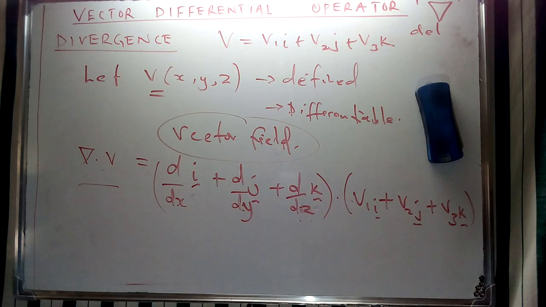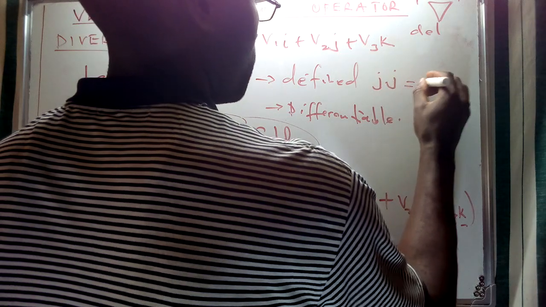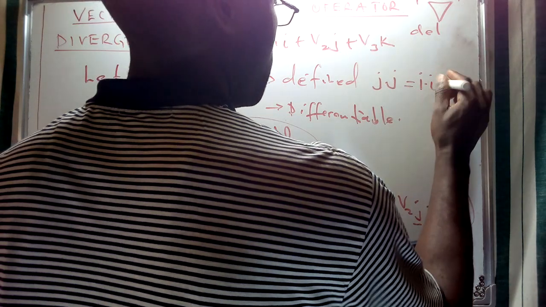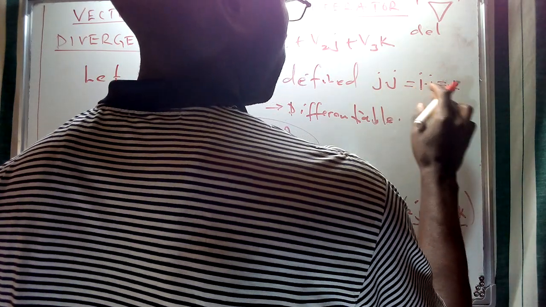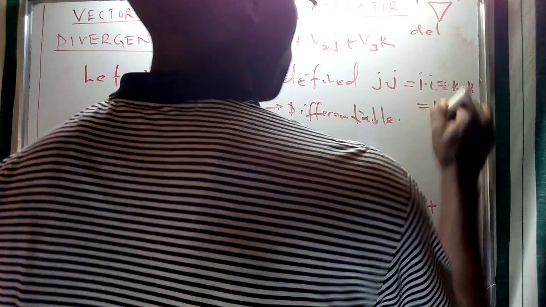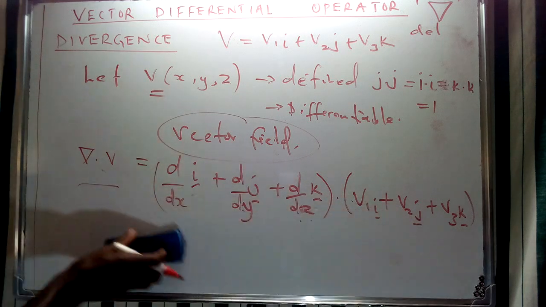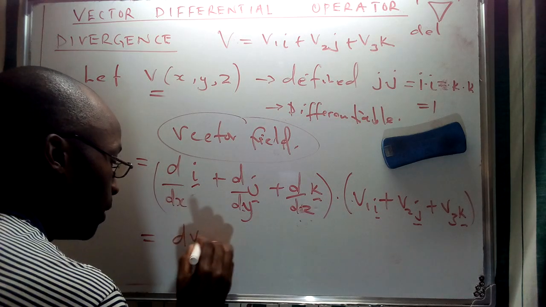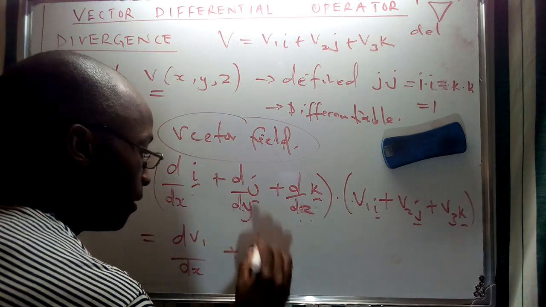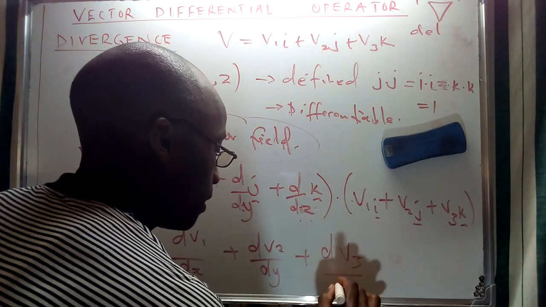The dot product of these unit vectors we had done in one of the earlier representations of vectors: i dot i is equivalent to j dot j is equivalent to k dot k, which is unity. So if we evaluate this, it gives us a scalar quantity, dv1 over dx plus dv2 over dy plus dv3 over dz.